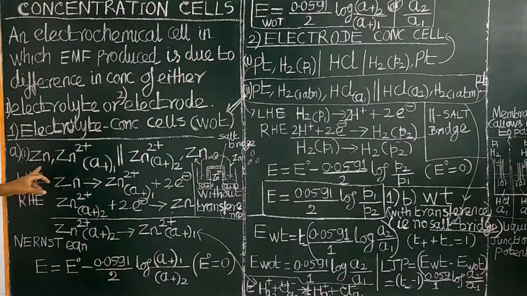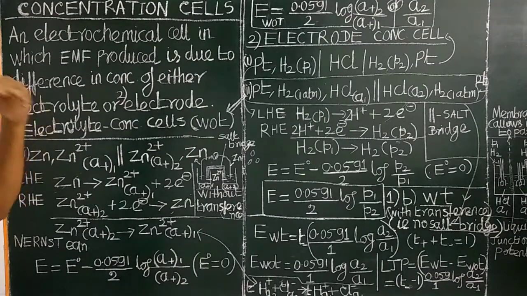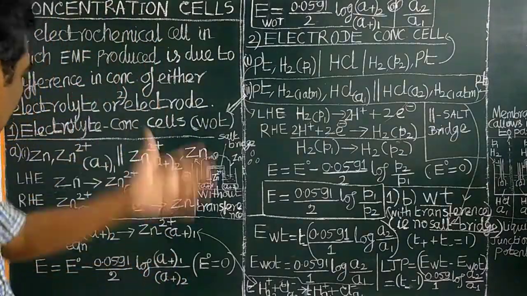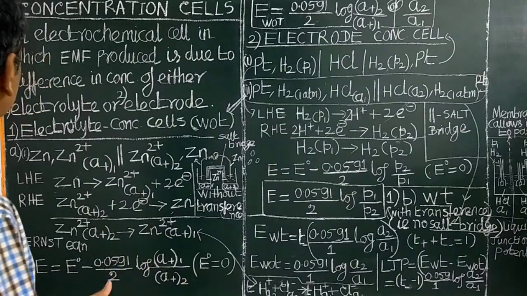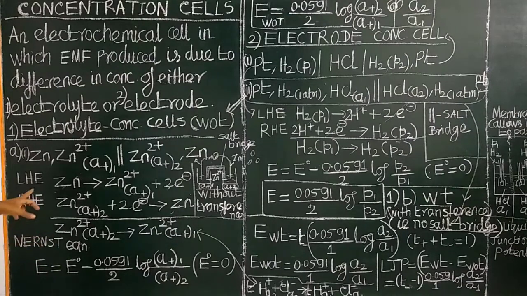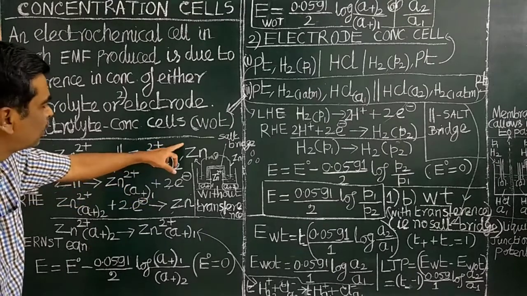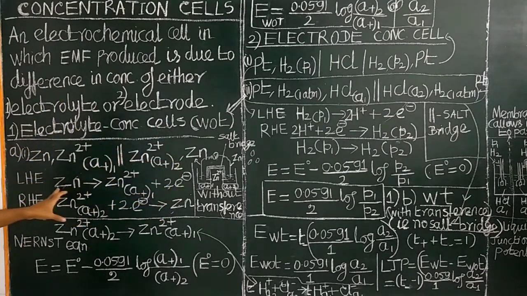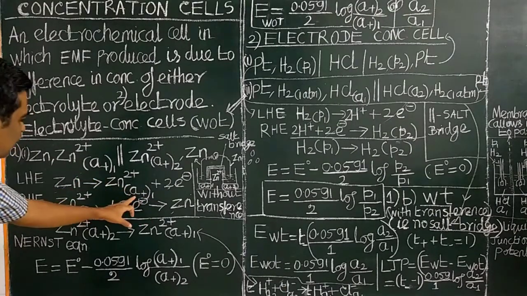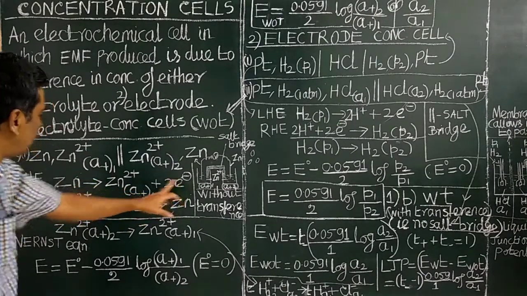Let us recollect the electrochemistry we have studied. Please watch the lesson on electrochemistry, how the Nernst equation is derived. At the left hand electrode oxidation takes place, and at the right hand electrode reduction takes place. You remember: zinc is oxidized to zinc 2 plus with activity A1 and 2 electrons.